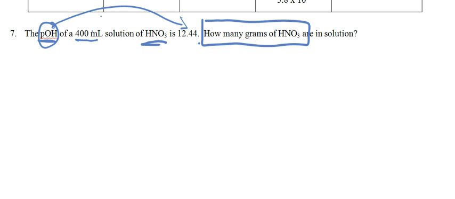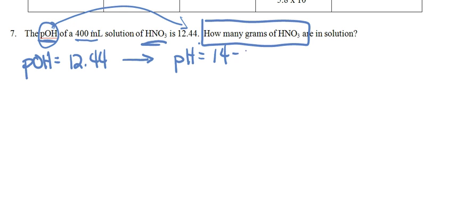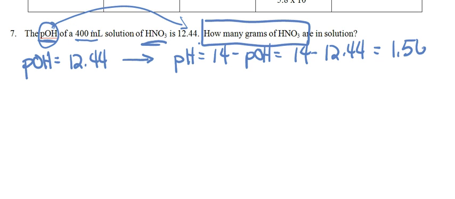All right, so here's what we got to do. We have to realize that we have a pOH value that's equal to 12.44. You need to find the pH. So take 14 minus your pOH, which in this case is 14 minus 12.44, and that will give you 1.56.